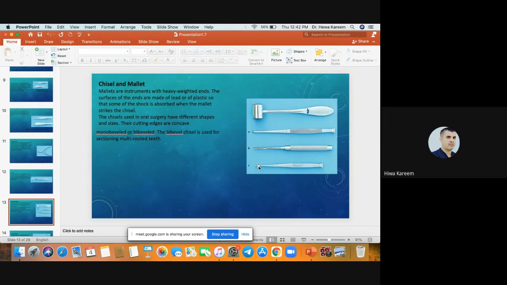This is bibeveled, this is monobeveled. This is the mallet, and all of these are chisels. Chisels are for cutting and sectioning the tooth.